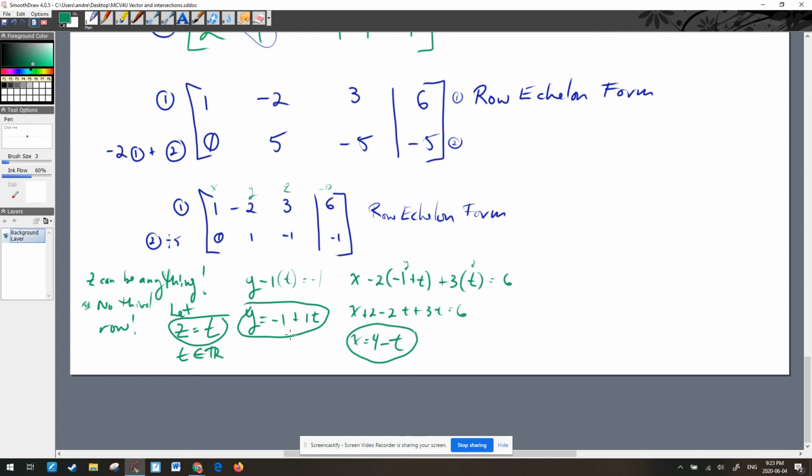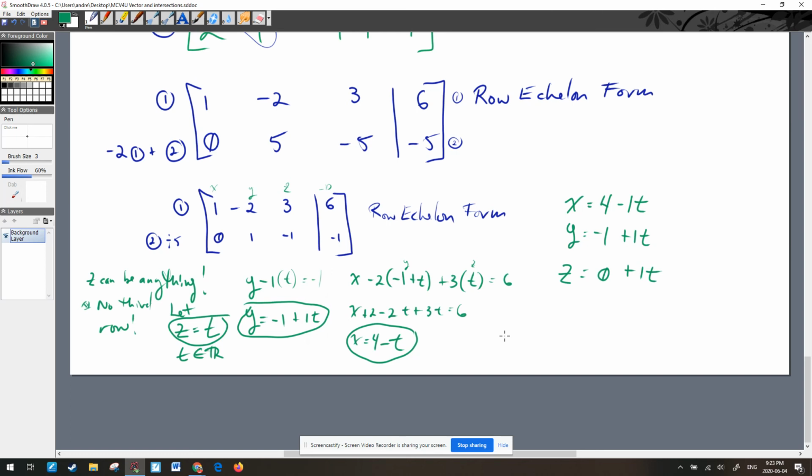And you're like, well, what is that? Well, look, written like this, it doesn't jump off the page at you. But if I reorganize it, we have x is equal to 4 minus 1t, y equals negative 1 plus 1t, and z is equal to 0 plus 1t. What's that? That is the parametric equation of a line.